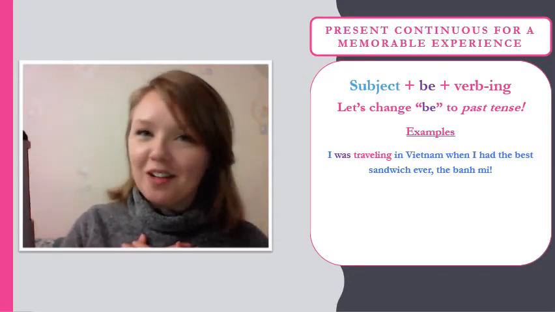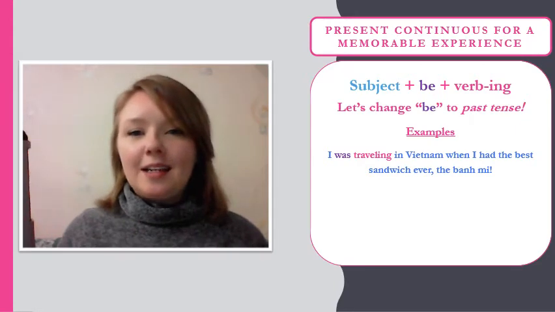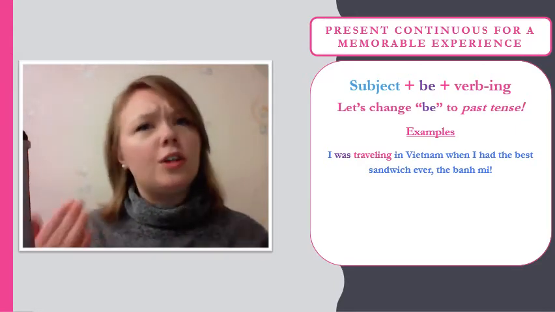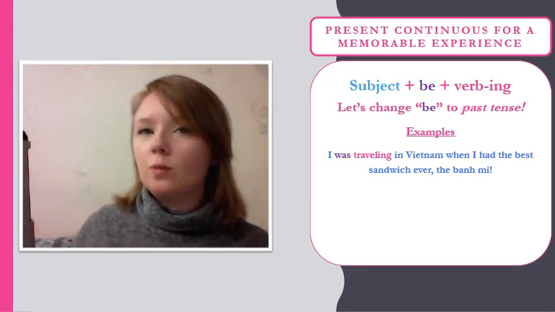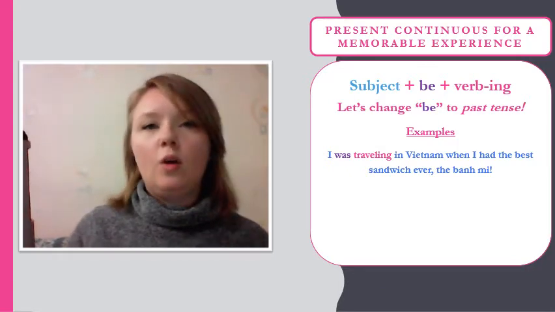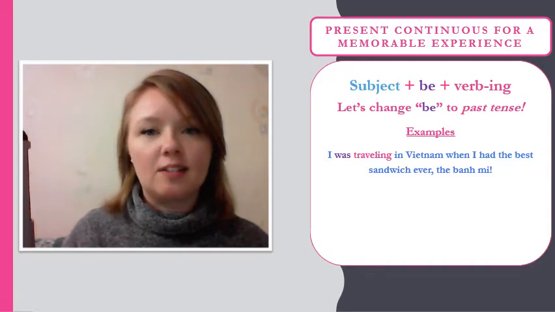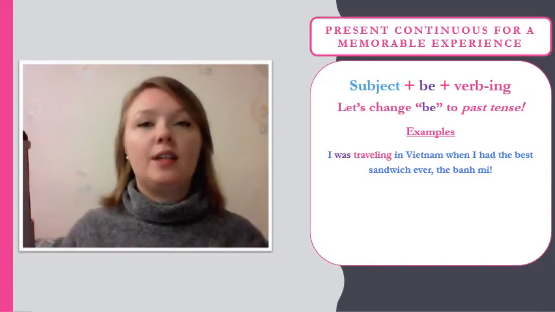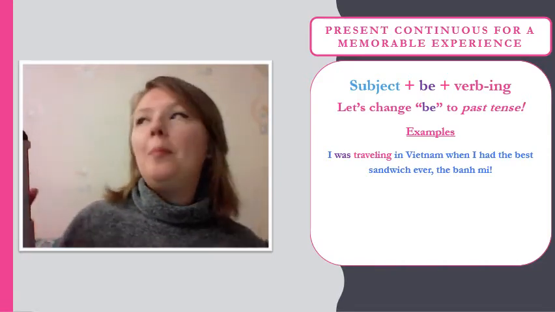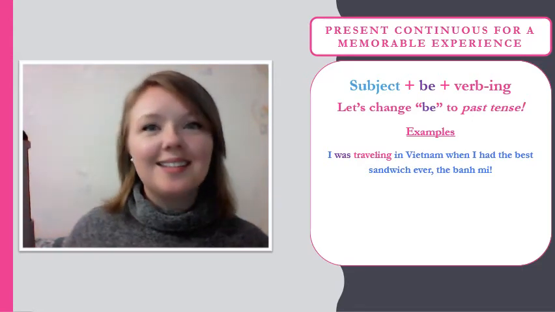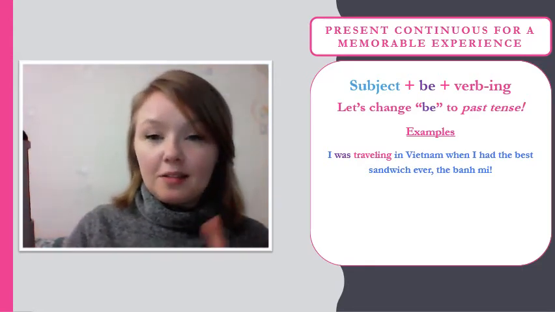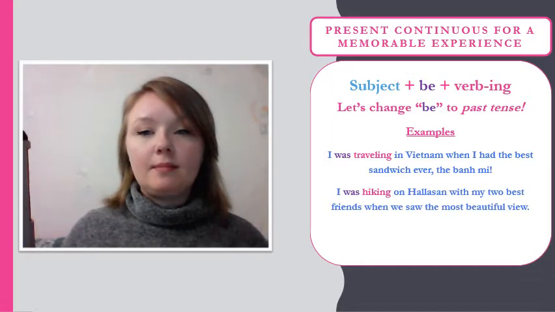Oh, I love banh mi. And here we can see we can use this to introduce what our experience was. What were we doing when we had that memorable experience? I was traveling in Vietnam when I ate the best sandwich I've ever had, banh mi.